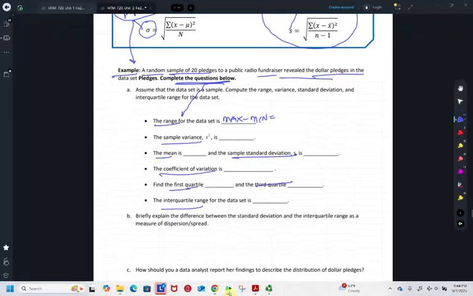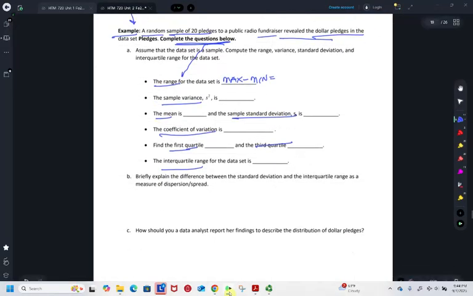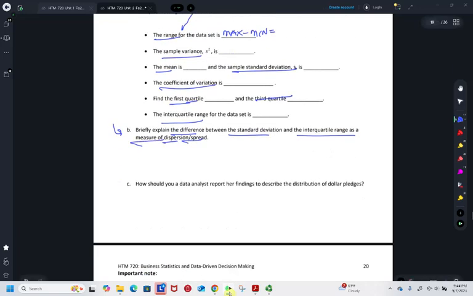Okay, and with that said, I can proceed to question B, where I would like to look at the difference between the standard deviation and interquartile range as a measure of dispersion versus spread.